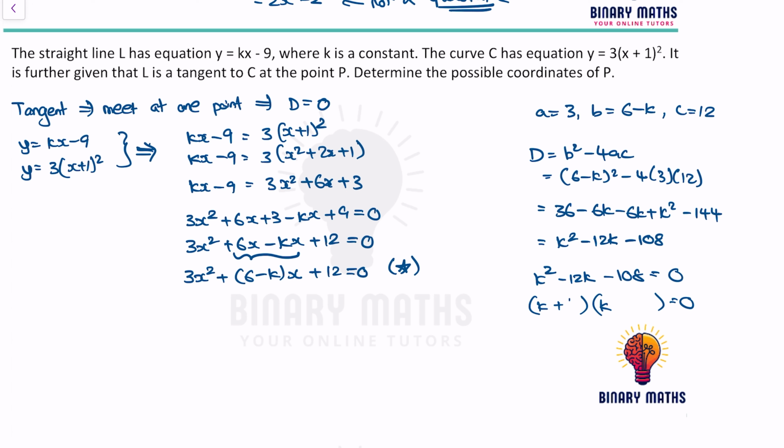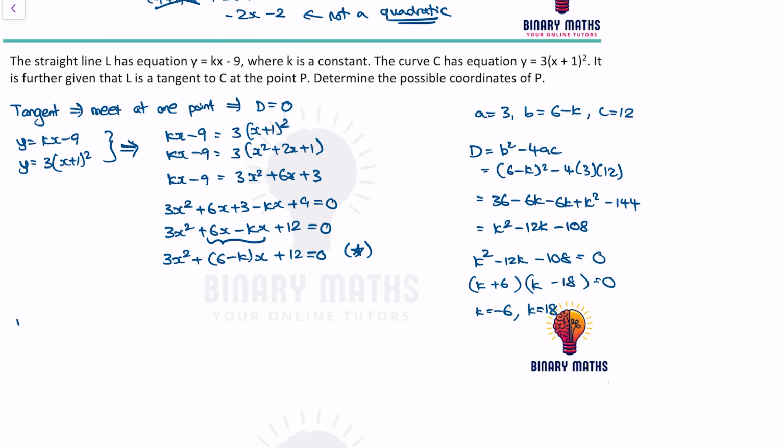So positive 6 times negative 18 gives me negative 108. 6k take away 18k gives me minus 12k. So I have k is equal to negative 6 or k is equal to 18.